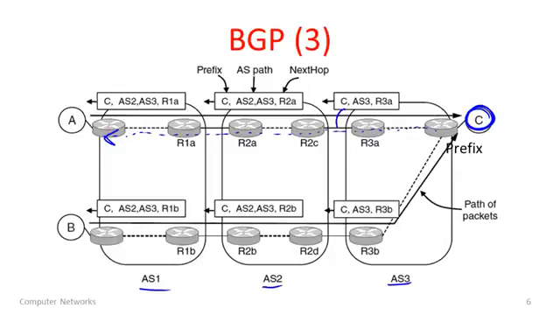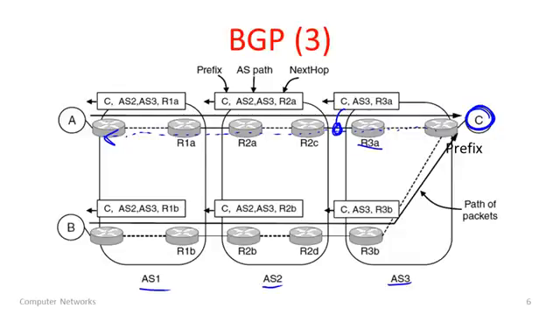Now, this announcement here, to reach prefix C, you go via AS3, and the next hop is here, R3A, is the announcement you would see if you would look over this wire, connecting this border router in AS3, R3A, to a corresponding border router in AS2, R2C.